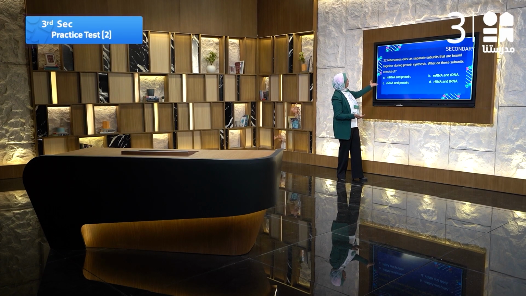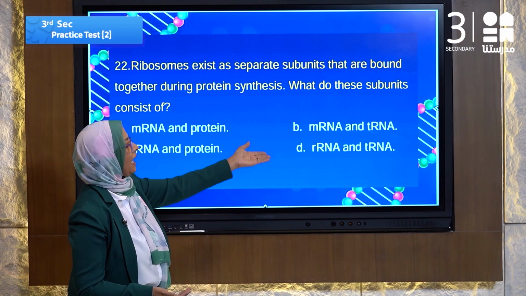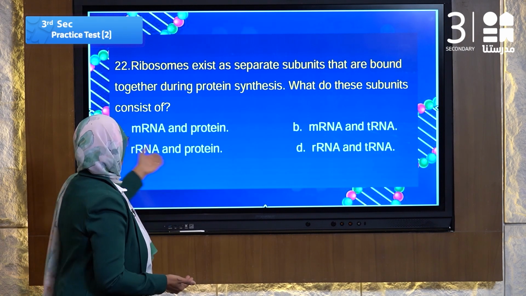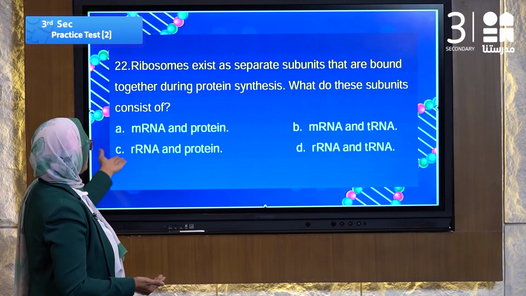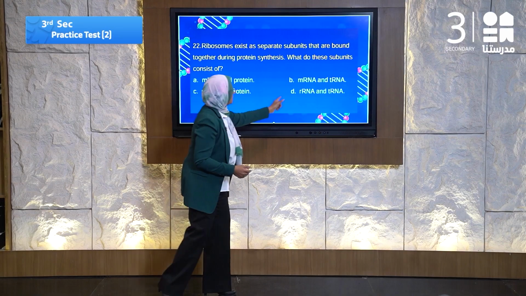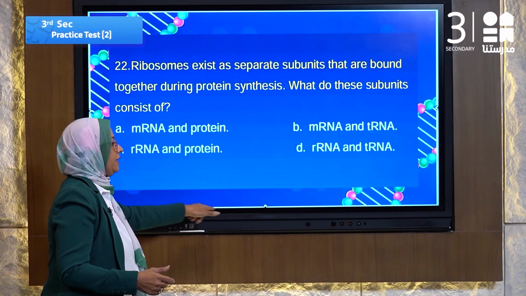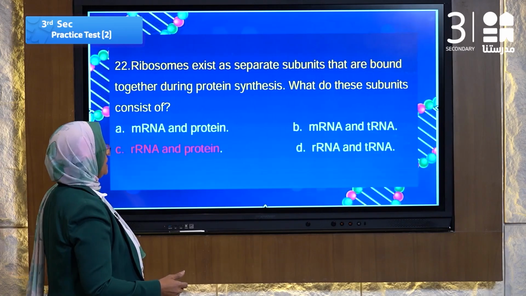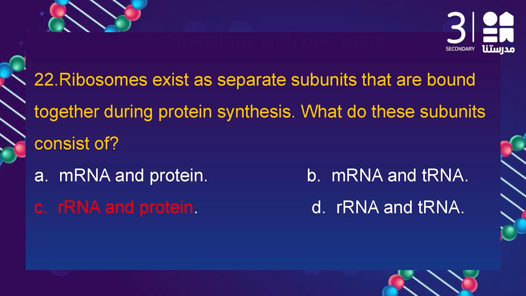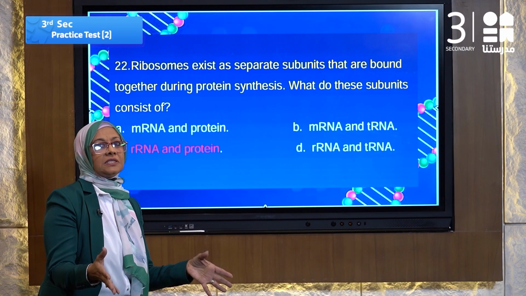A, messenger RNA and protein. B, messenger RNA and transfer RNA. C, ribosomal RNA and protein. D, ribosomal RNA and transfer RNA. The answer is C: ribosomal RNA is the base, and with protein it carries out protein synthesis inside the cell.